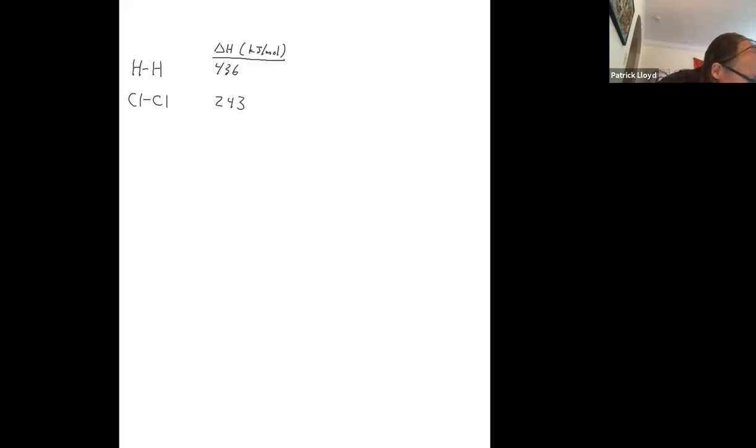Now here's another example, HCl. I'm just getting these out of a table. You can find them all over the internet, but use the ALEKS values. I kind of like the ALEKS values because they don't go to like 0.01 and stuff like that. They just give you nice round numbers, 862, which is perfectly fine. Okay. So there's a few. Let me show you another one. A couple more.